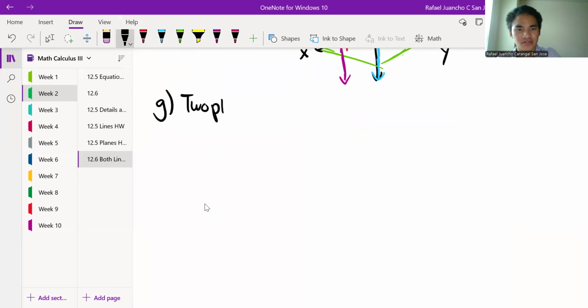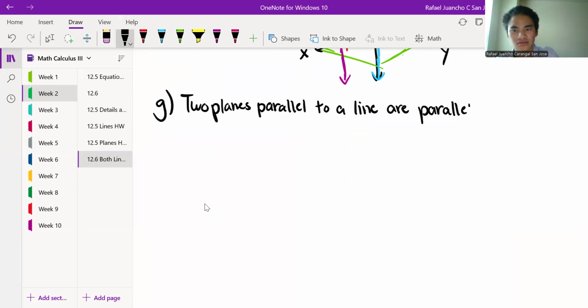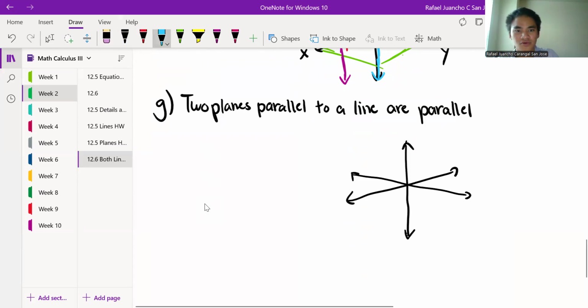So we have two planes parallel to a line are parallel. So, okay, let's draw a picture, right? How would that look like? Let's say one plane is this XY plane.